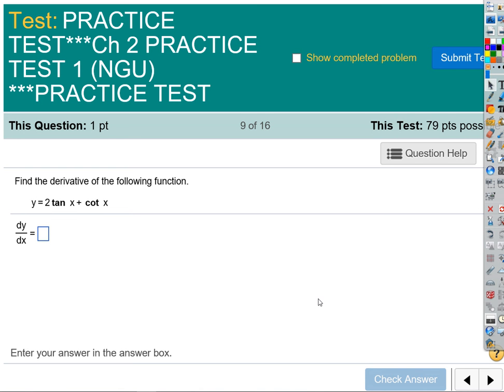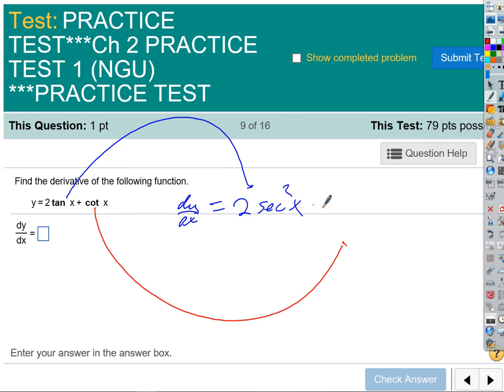So what's the derivative of tangent x? Secant squared. So that one's just gonna be 2 secant squared x. What's the derivative of cotangent x? Good. So negative cosecant squared x, done.